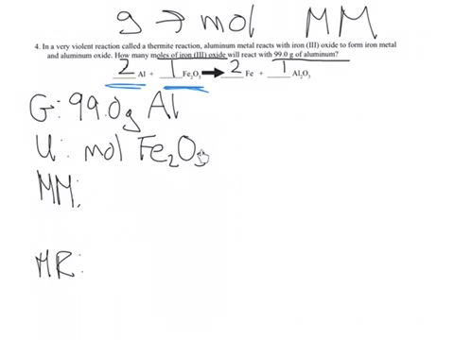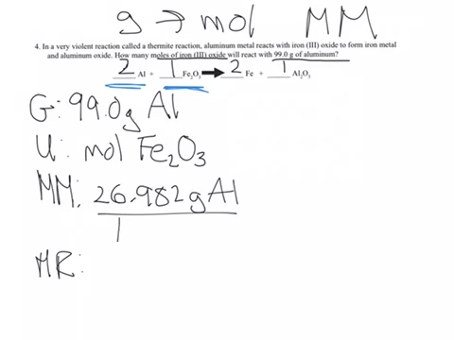We want moles of iron 3 oxide, so we do not need a molar mass of iron 3 oxide at all. So I'm going to look at my periodic table and get my molar mass for aluminum, which is 26.982 grams of aluminum per 1 mole of aluminum.